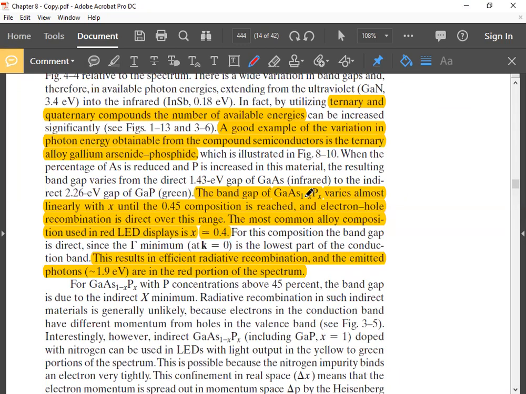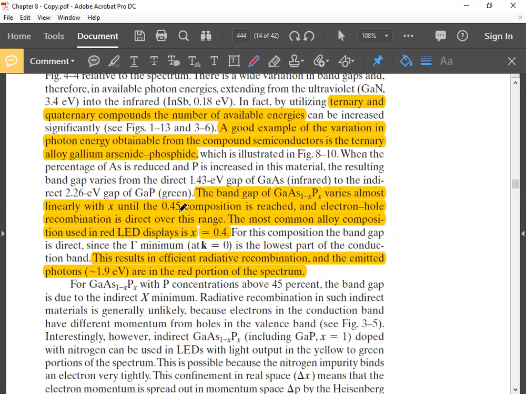If you put x equal to 0 here, phosphorus becomes 0, so the material will be gallium arsenide. Then if you increase x to 0.1, 0.2, 0.3, and if x becomes 1, then arsenic becomes 0, so that material becomes gallium phosphide. In between we have varied proportions of arsenic and phosphorus, up to 0.45, that means 55% arsenic, 45% phosphorus.